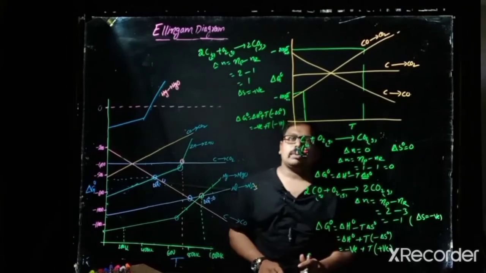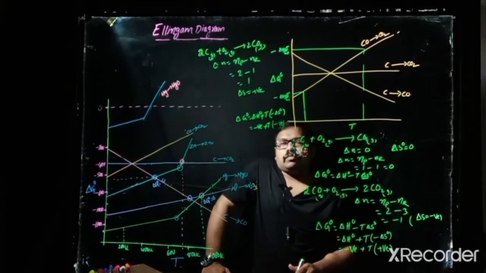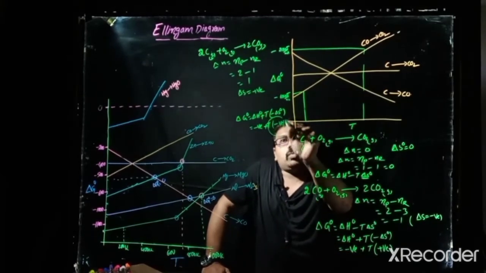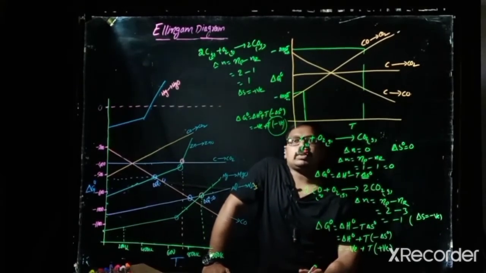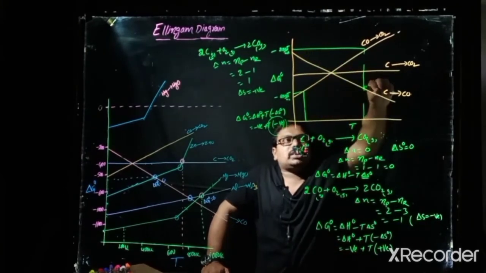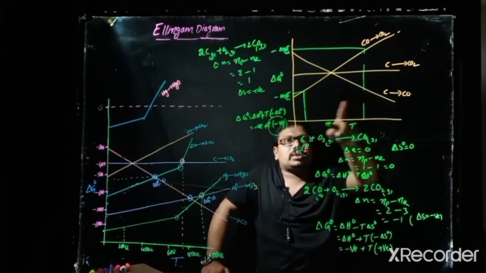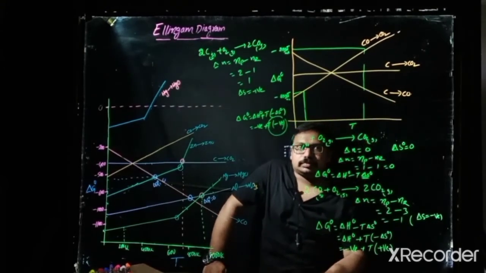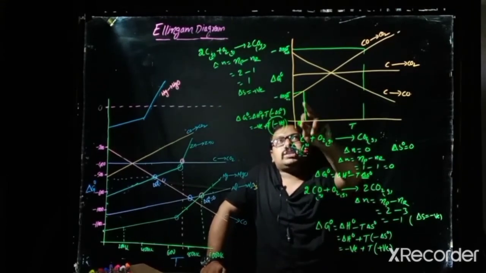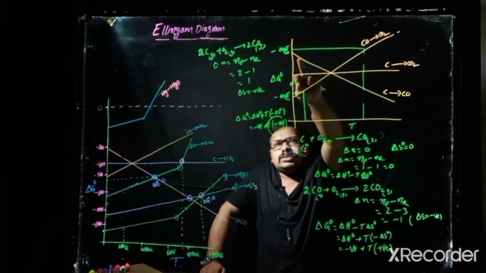If you observe, whenever the temperature is increasing, this term will be more. That is the reason why if you increase the temperature, it will be more delta G naught negative. At low temperature it will be less delta G naught negative.